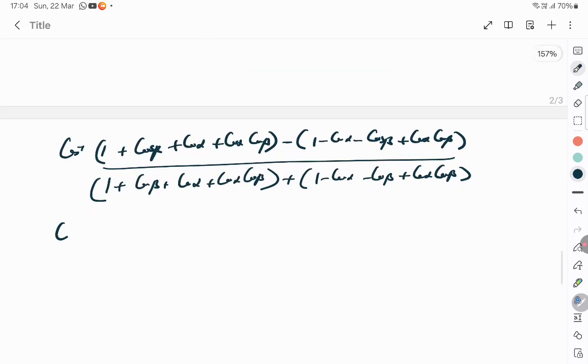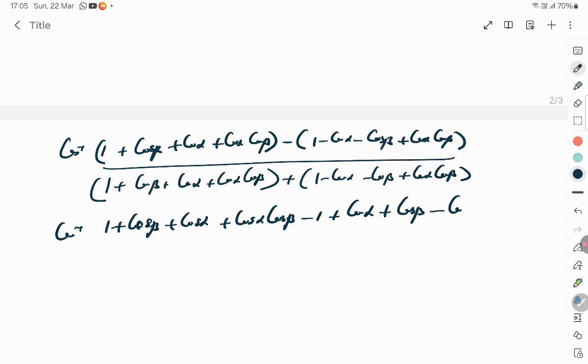Now open the bracket. Cos inverse of 1 plus cos beta plus cos alpha cos beta minus 1 plus cos alpha plus cos beta minus cos alpha cos beta. So if you see, the cos alpha cos beta is getting cancelled, the 1 and minus 1 is getting cancelled.